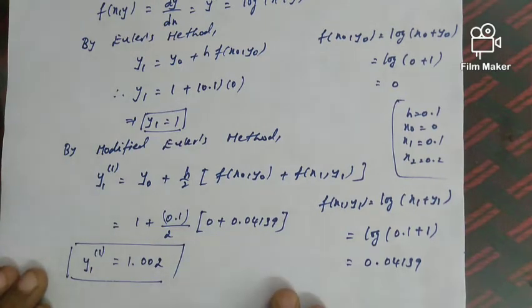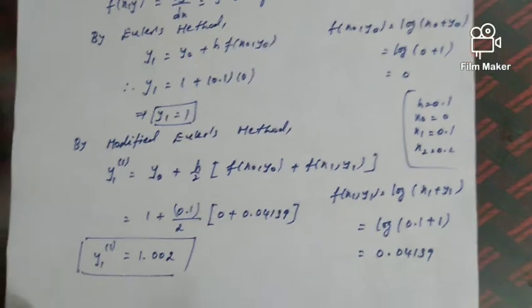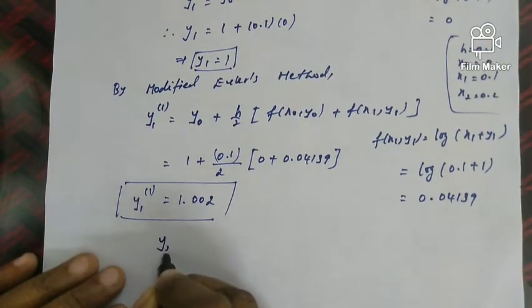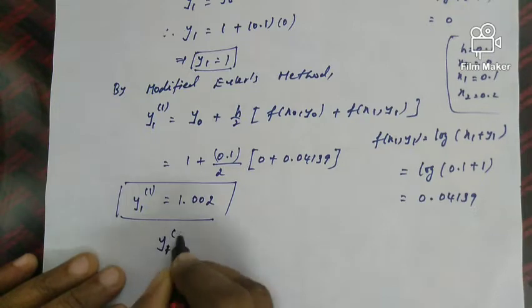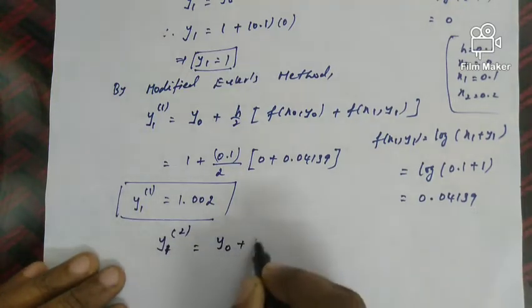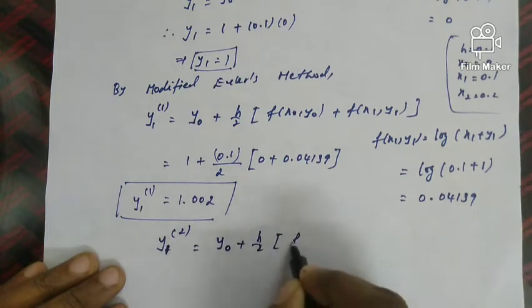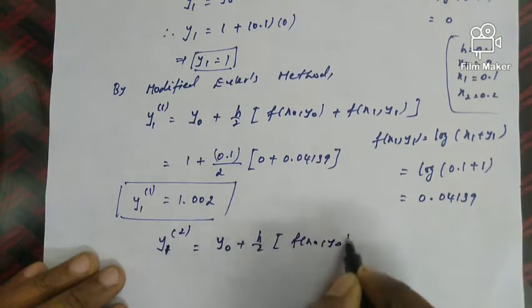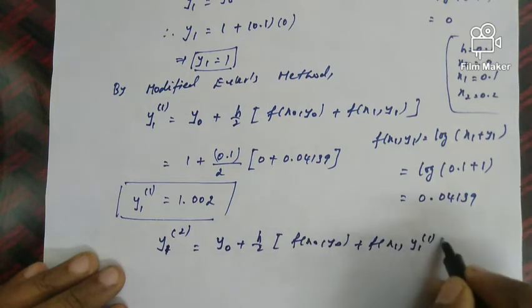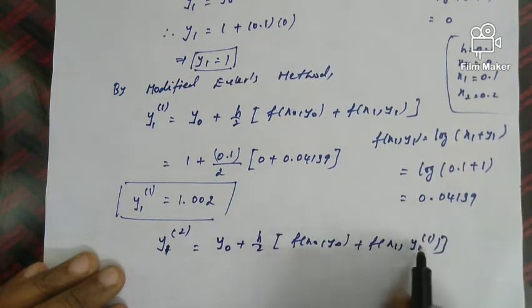Likewise we have to go for y1 of 2, that is the second iteration. Similarly y1 of 2 equal to y naught plus h by 2 into f of x naught y naught plus f of x1 y1 of 1. Okay, so y1 of 1 is nothing but this value we have to apply here.